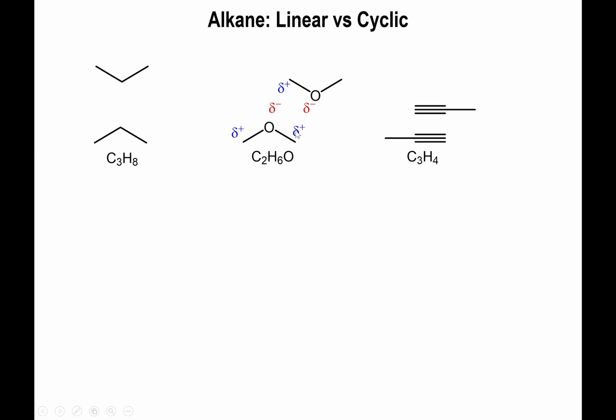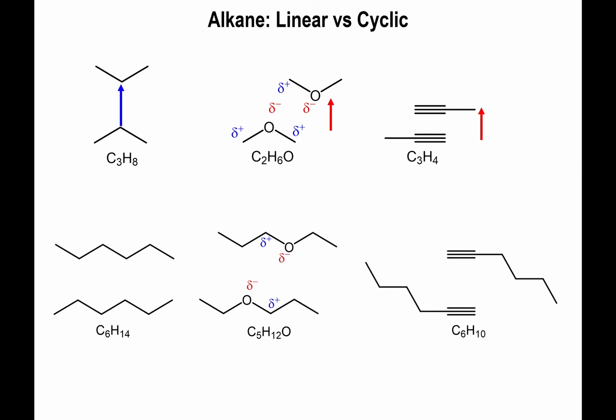So you create these delta pluses and delta minuses, these partial charges in the molecule. And for small molecules, this interaction is rather simple, definitely allowed, not a problem. Same thing with the alkynes. You have interaction between the pi bonds of those fragments. So you have greater attractive interactions, and higher boiling points. No problem.